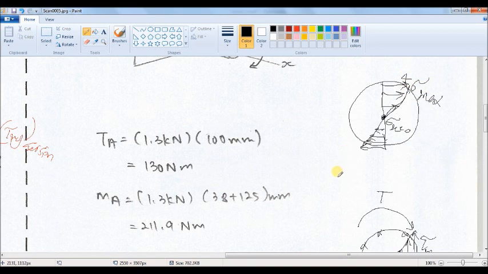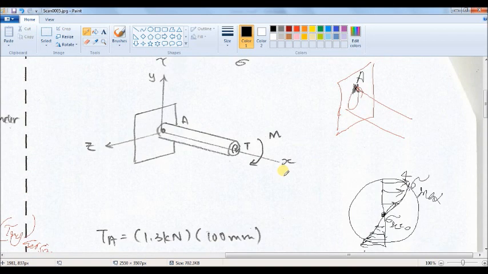So here could be positive and here could be negative, tension and compression. Okay, since this beam will be bent in this way, at the top of the shaft, that means point A, we will have positive axial stress because it's in tension, right?